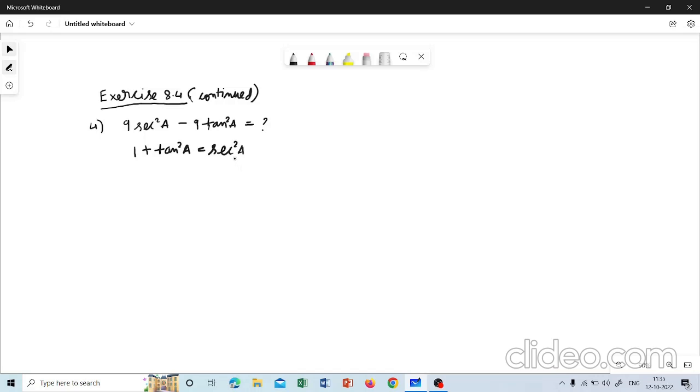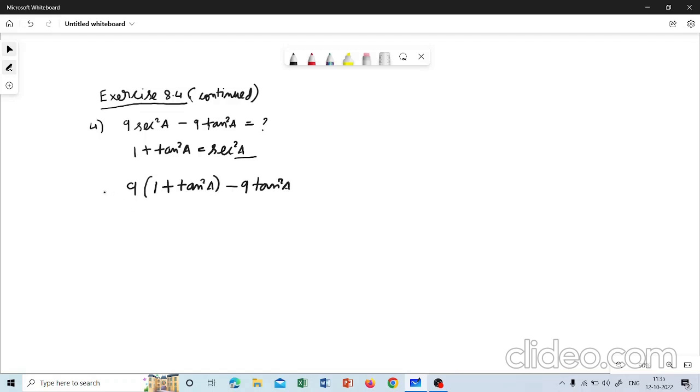I will substitute the value of secant square a is equal to 1 plus tan square a. So now I will get 9 into 1 plus tan square a minus 9 tan square a.